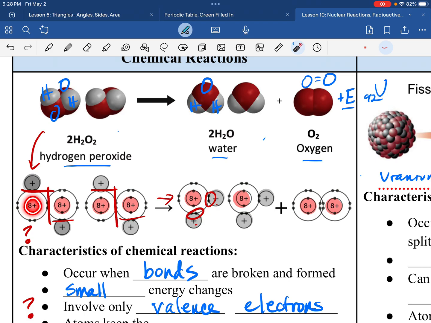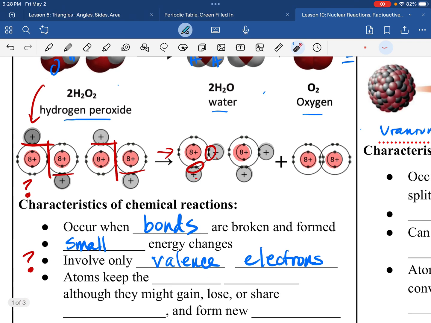These 2 inner electrons in the first energy shell of oxygen are still there with their nucleus. And the nuclei didn't change either. The nuclei of the oxygens all still have 8 protons, right? There's 1, 2, 3, 4 oxygen nuclei, and then after the reaction there's still 4 oxygen nuclei, and they all have 8 protons. Conservation of mass.